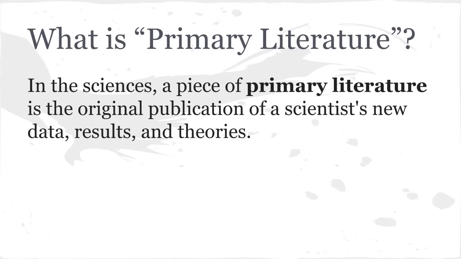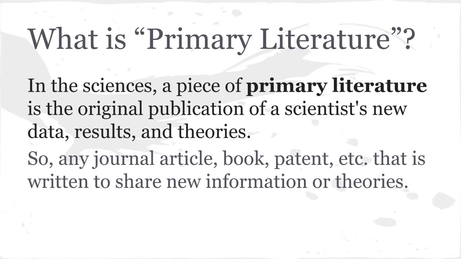Primary literature in the sciences is anything written to give the public information about a scientist's new work. Any results, any data, any theories, anything like that that is published for the first time ever. Okay? So, journal articles, books, patents, etc., sharing new information. That is our definition of primary literature.